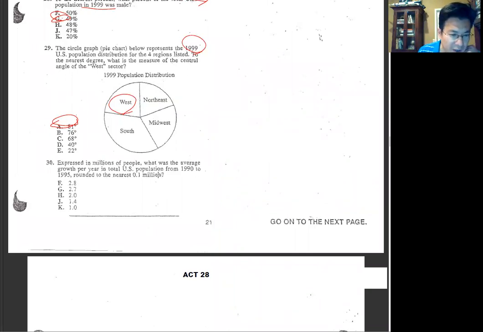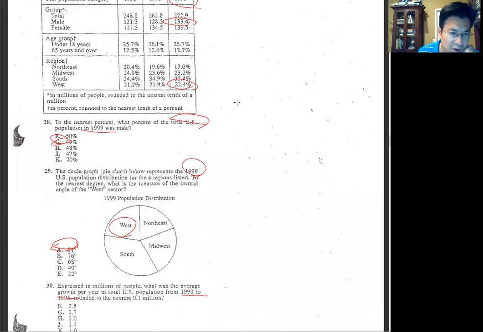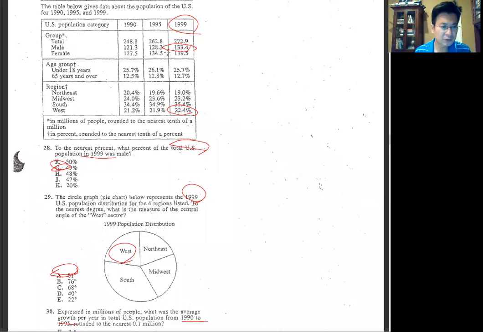Millions of people. What is the average growth per year? Total U.S. population from this to this. 1995, total was 262.8 minus 248.8.